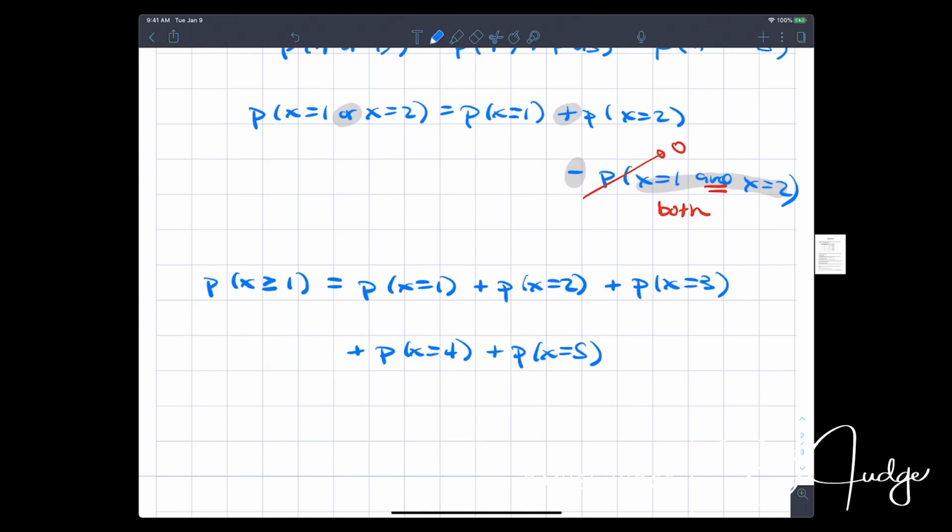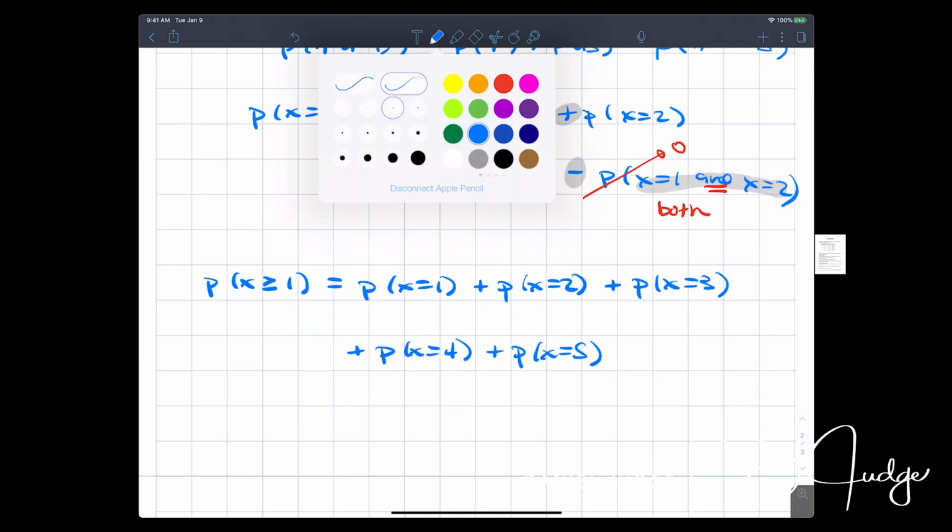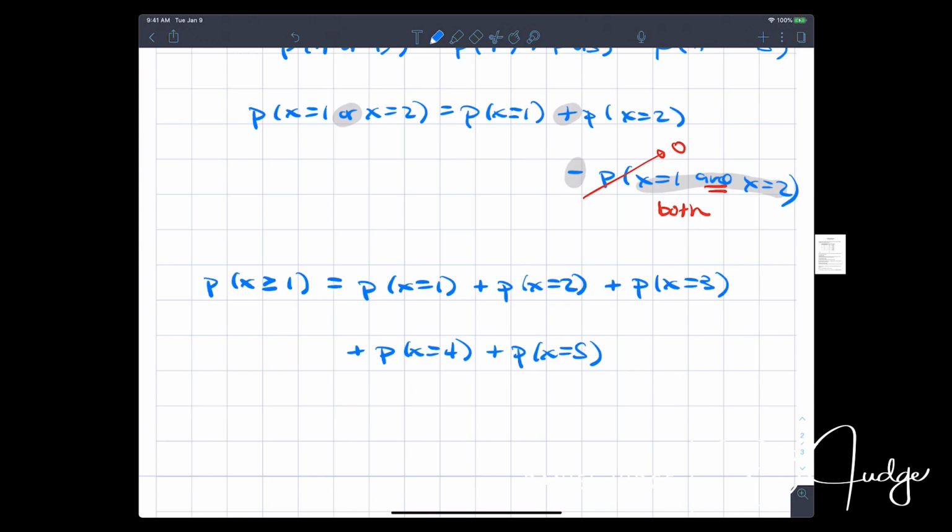Now, I'm also going to do something here for you guys that I like personally. You see, I see too many equal signs, and what I do is I write this here as P of 1. I write this here as P of 2. I write this here as P of 3, P of 4, P of 5.